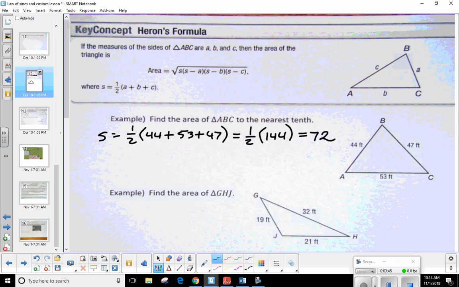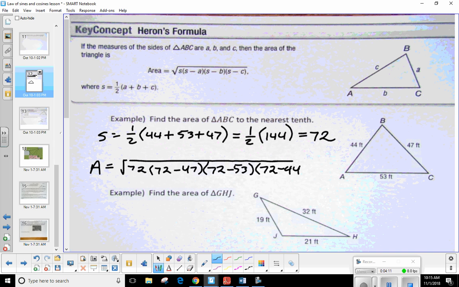Now I'm just going to take all the values I have and I'm just going to substitute it directly in. So the area is equal to, so I have this long radical. So we start with S, 72, times S minus A, so 72 minus side A is 47. Then we'll have S minus B, so 72 minus 53. And we'll finish up S minus C, 72 minus 44.